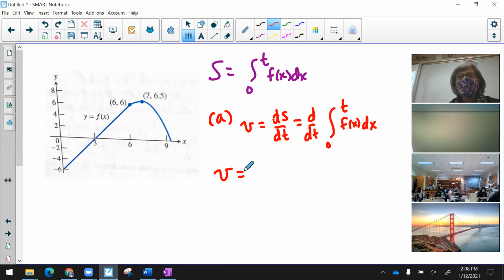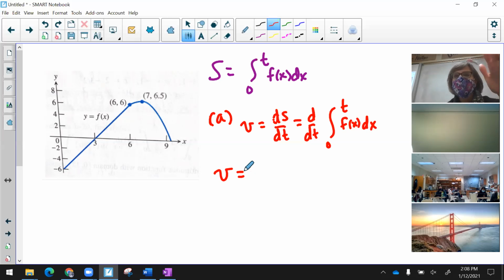Fundamental theorem of calculus part 1 in this case. Do I meet the criteria? Is the lower limit of my integral a constant? Yes. Is the upper limit of my integral just a variable? Yes. Nothing funky. It's not a function of t, it's just a t.